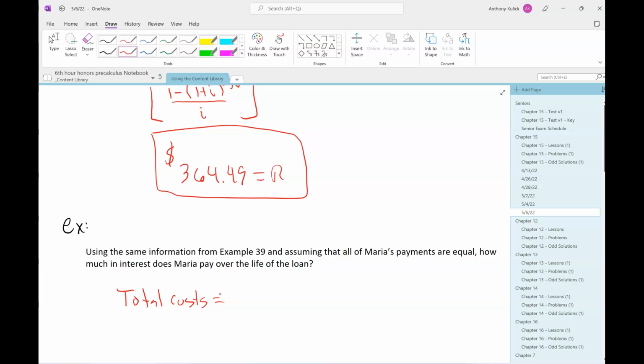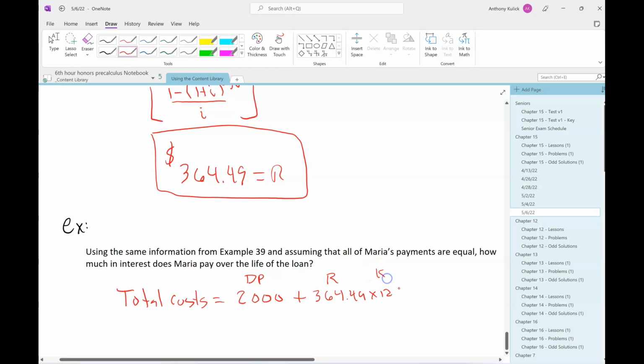What did I start by doing? Okay, so I had my $2,000 down payment. Then what did I do? Okay, I got my loan, and to pay that back, I do this every month, and then for 4 years.